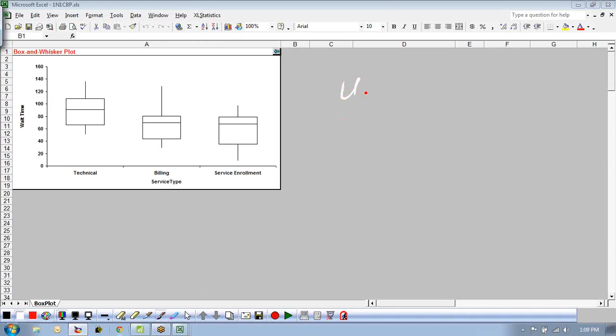The UFO test, which is probably the most important, is I'm pretending these are UFOs, and if I see some hovering between any of the two groups, I'm going to say means might be different. Well, here it certainly does look like there's a little bit of hovering. It looks like technical is hovering above billing and service enrollment. It looks like these are about at the same level. Maybe one is a little bit higher than the other, but they're about the same.